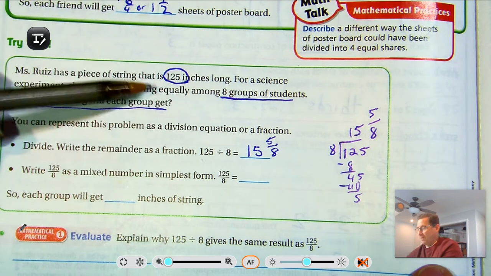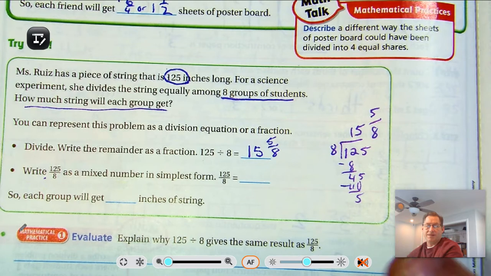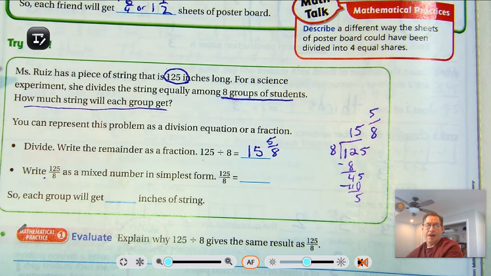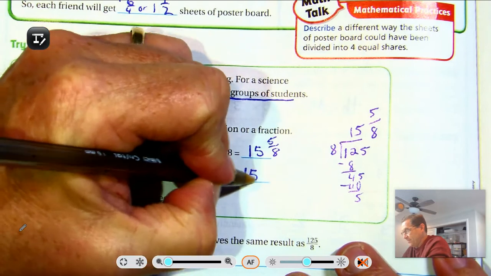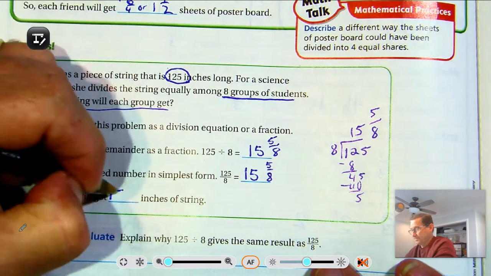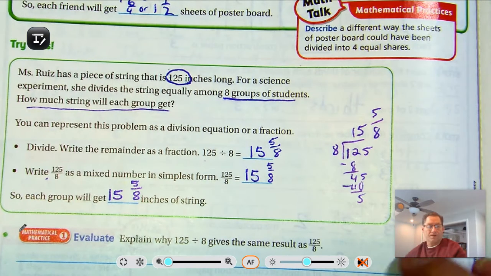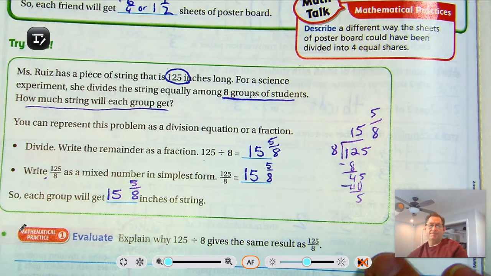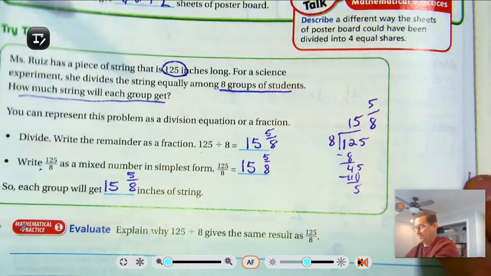Or we can write it as a fraction, 125 over 8, and write that as a mixed number. And we'd still get 15 5/8. So each group gets 15 5/8 inches of string.